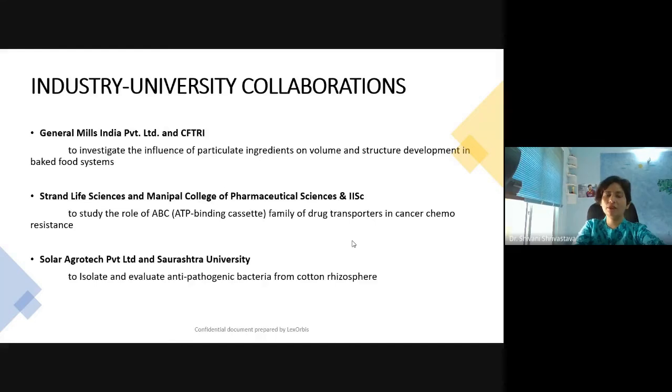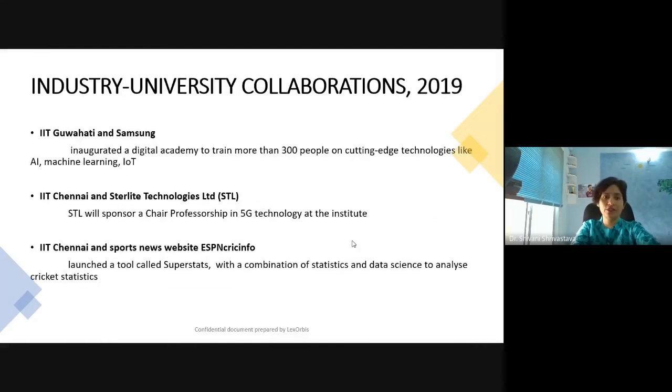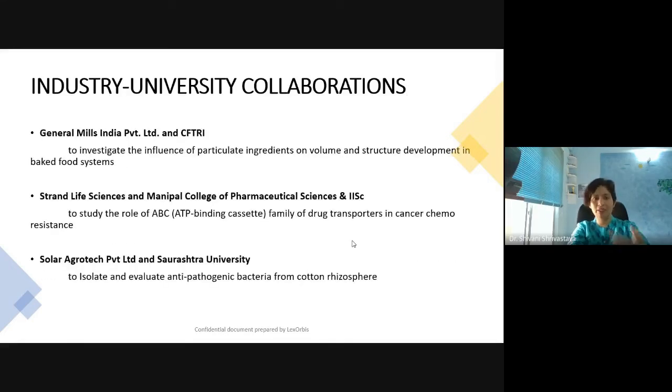So a collaboration can be for a specific project, or it can be related to a specific domain also. If you see Samsung, they are focusing on technology: AI, machine learning, IoT. But if you see the other collaborations, it can be on a particular project.